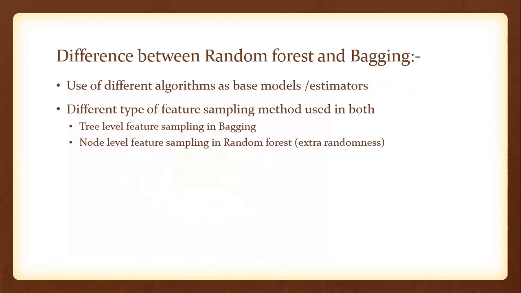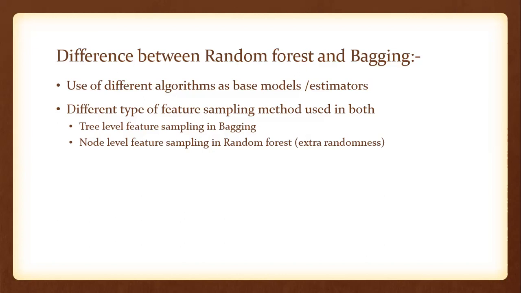So one question may come into your mind: what is the difference between random forest and bagging? Both of them have similar working logic, but there is still a very important difference between them. First, in bagging you can use different algorithms as the base models, but in random forest, the decision tree is the only base model.